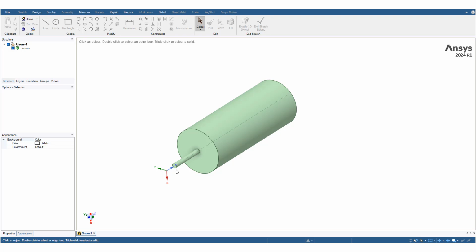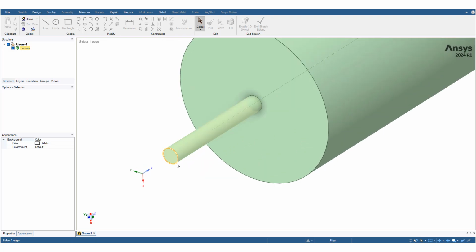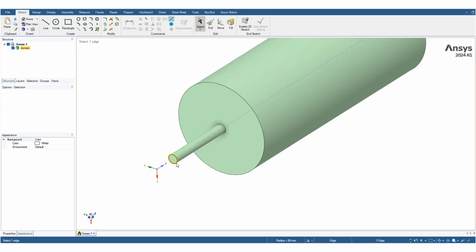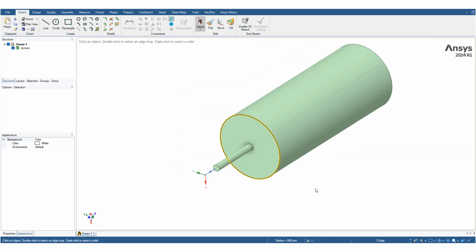This is the model in SpaceClaim, the same radius of 50 for the thinner part, but the opening now expands to 500 millimeters. It used to be 200, so the ratio of the pipes is 1 to 10. This is the geometry, and let's check the mesh.